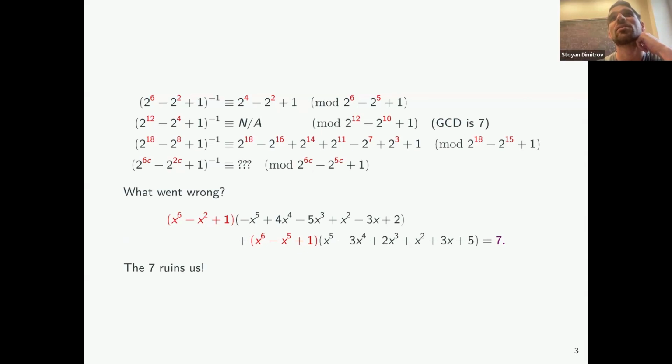Like, why do we start with this modulus exactly? I picked them completely arbitrarily. There was nothing special about them other than they were smaller than the highest one. So 5 is smaller than 6 and 2 is smaller than 6. It's just an example that sometimes you get nice inverses and sometimes you don't, depending on what the exponents are exactly. Okay.